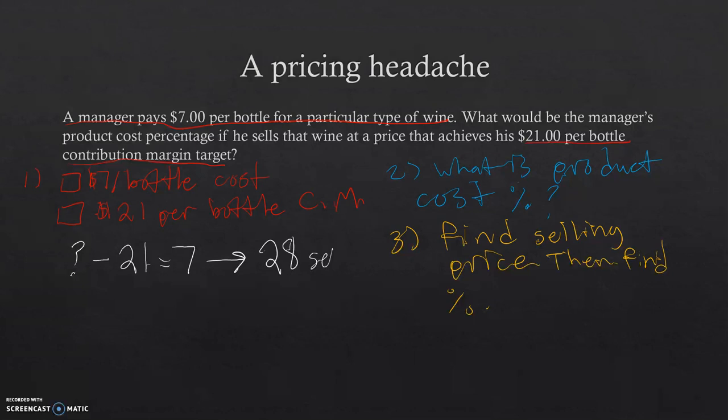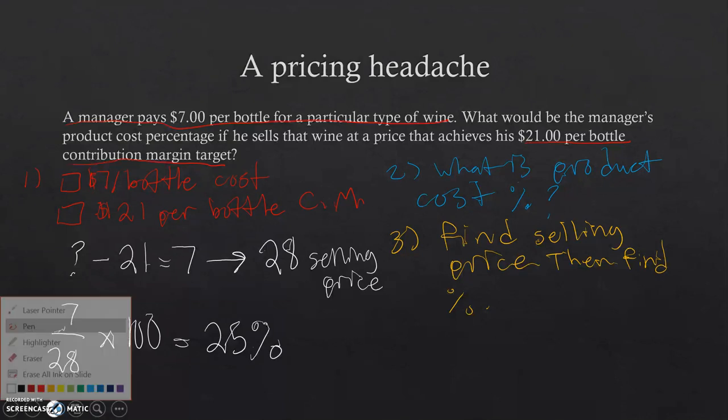So this is selling price. Now, we're going to look at the percentage. So it was sold for $28 and it costs 7. So the cost percentage will be 7 over 28 times 100, and that gives you 25%.